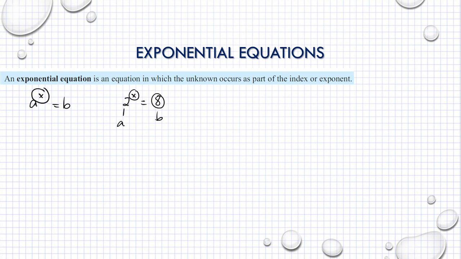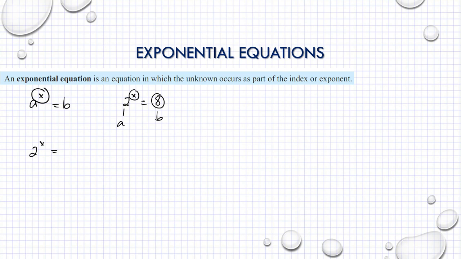So how to solve that? If you cannot solve it in the simplest way, then you need to solve it by logarithm. That is the next series of videos that I'm going to discuss after exponential.